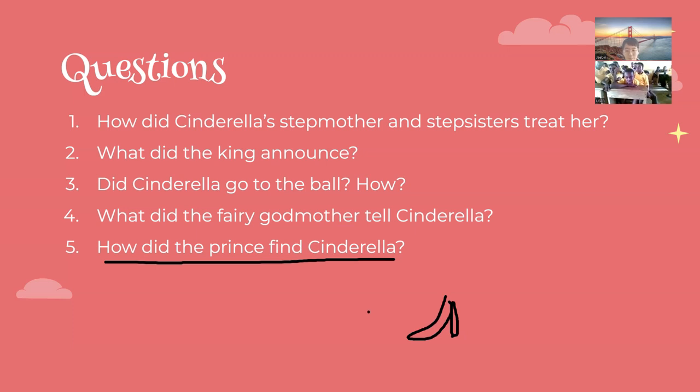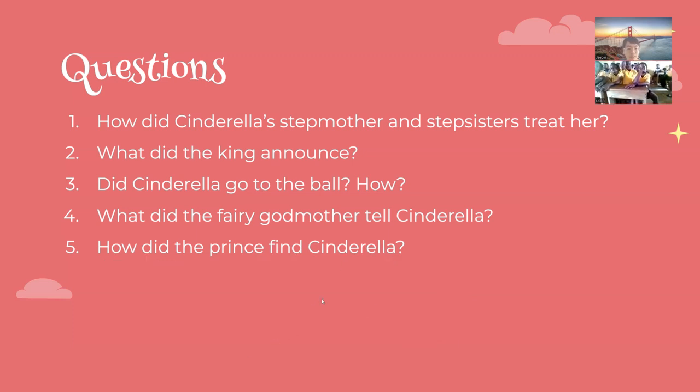The prince made all the young girls who attended the ball try on the glass shoe, because Cinderella accidentally dropped the shoe while she was running back home. The prince found out about the shoe and made every girl that attended the ball try on the glass shoe. That's how the prince found Cinderella.